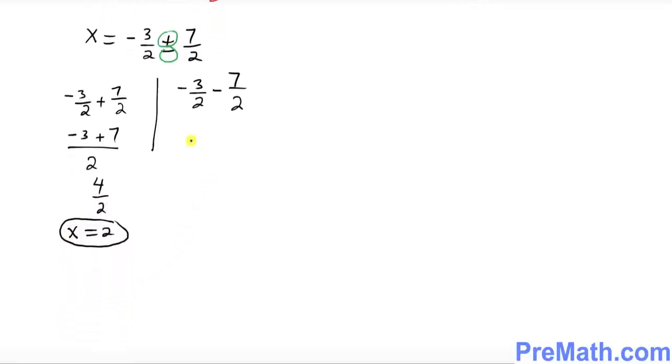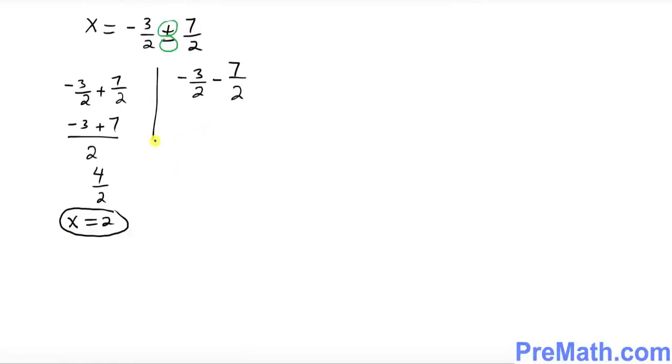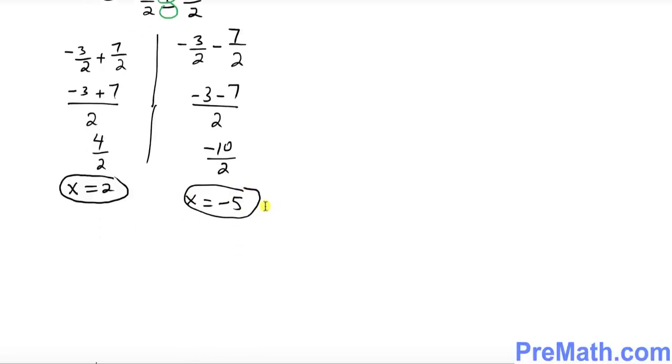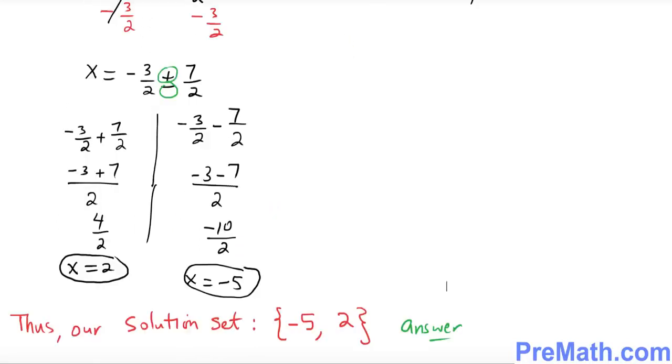Let's do this side. That's going to become negative 3 minus 7, and our common denominator is 2, so that's going to be negative 10 over 2. So x turns out to be negative 5, another solution. Thus our solution set turns out to be negative 5 and 2 once again.